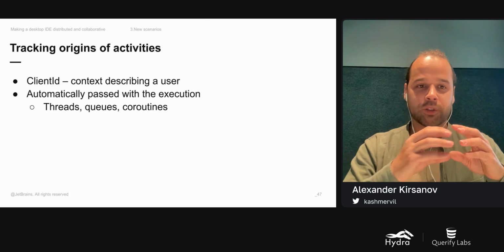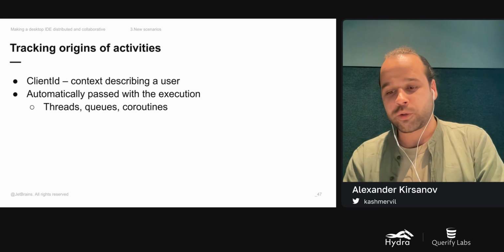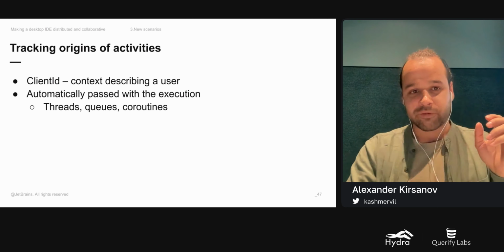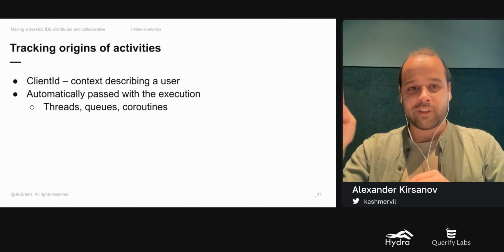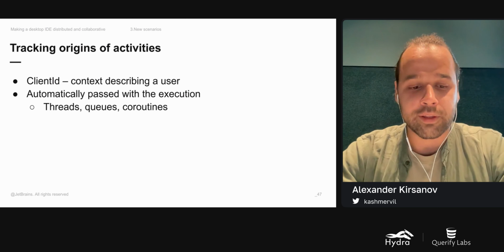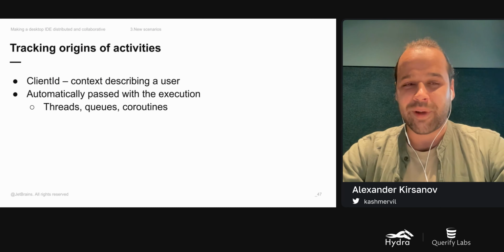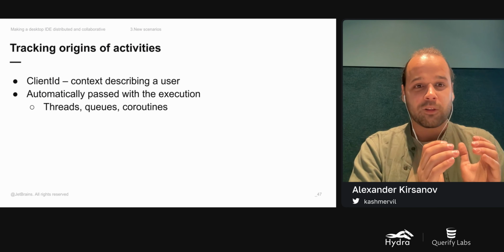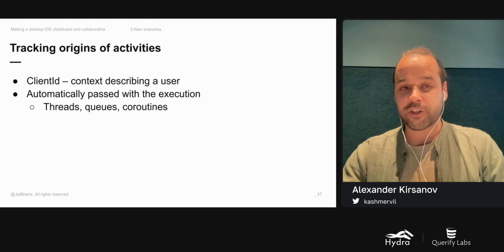So if you were on a UI thread and you decided to go to the thread pool, it will be transferred there. And if you decided to go back on the UI thread again, it will be there at that moment. And it is also integrated with all the APIs within the IntelliJ platform, including the Kotlin coroutines, etc. So basically, it's like a thread local variable which doesn't get lost on thread changes.